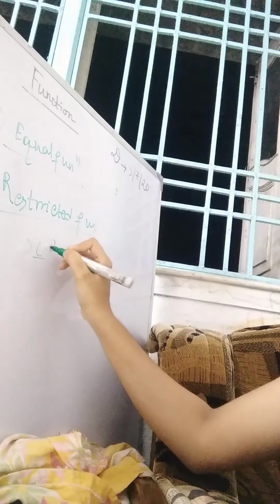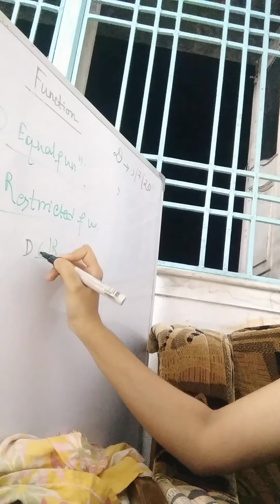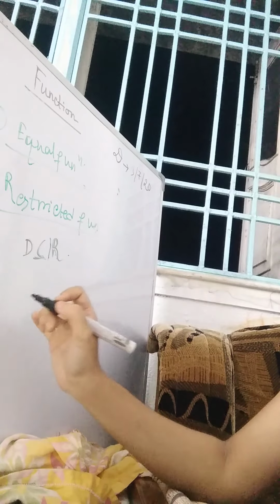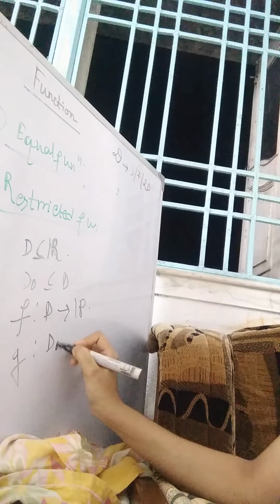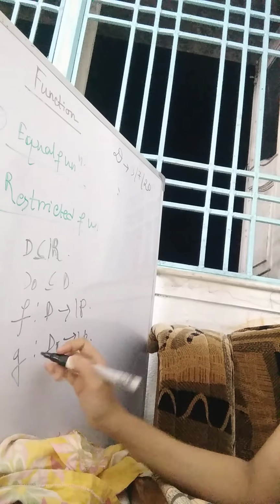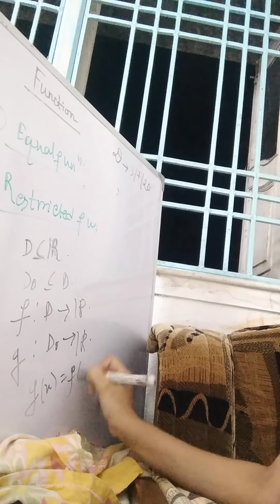What is a restriction? Suppose D is a subset of R and D0 is a non-empty subset of D, f is a function defined from D to R and g is a function defined from D0 to R. If g of x equals f of x in D0, then g is said to be the restriction of f.